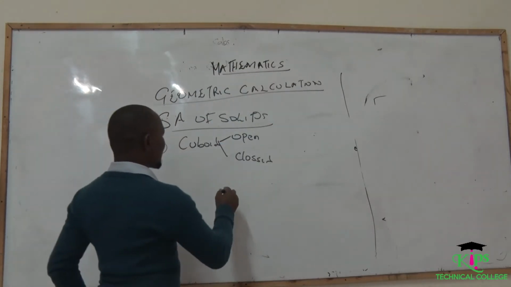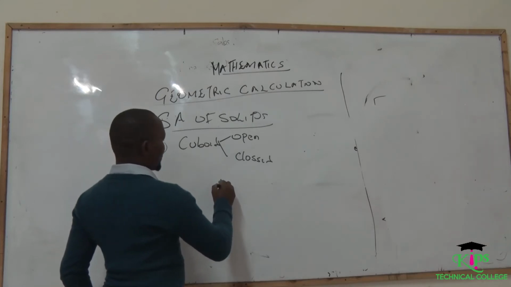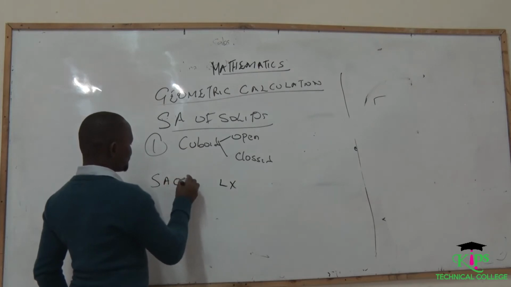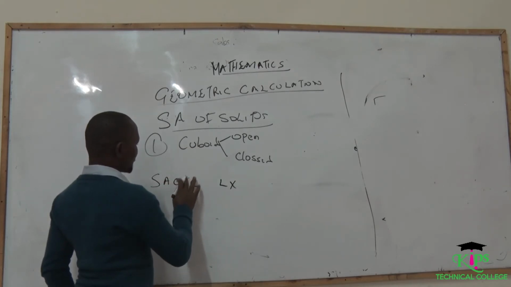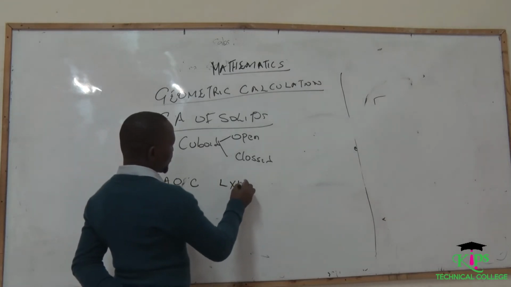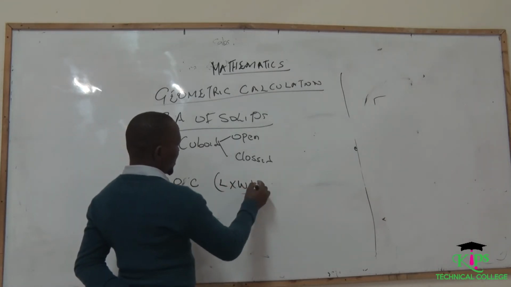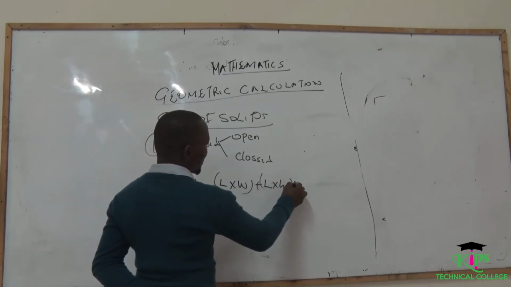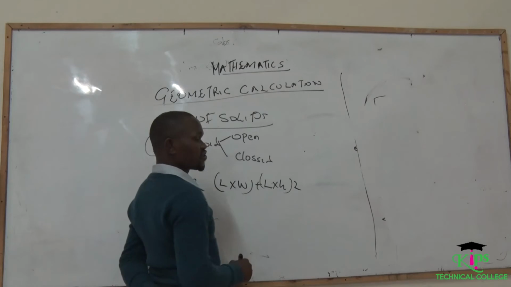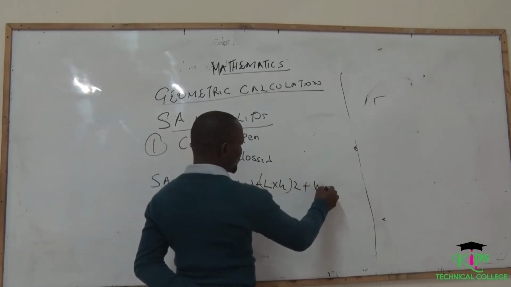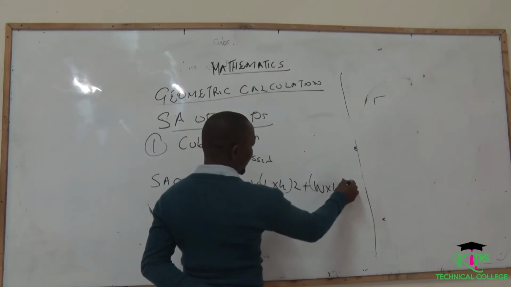So for the surface area of the open cuboid, we get length times width. Then we add length times height, but since we have two walls, we multiply by 2. Then we multiply width by height, then we multiply by 2.